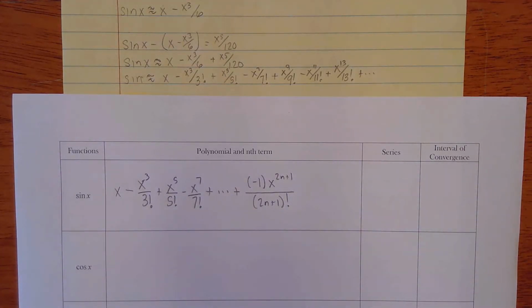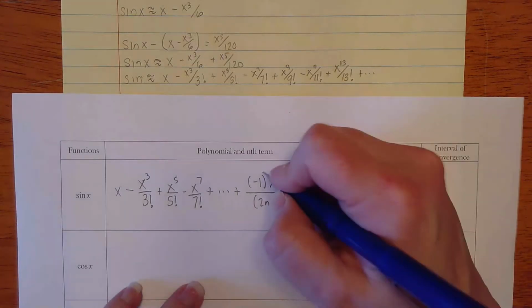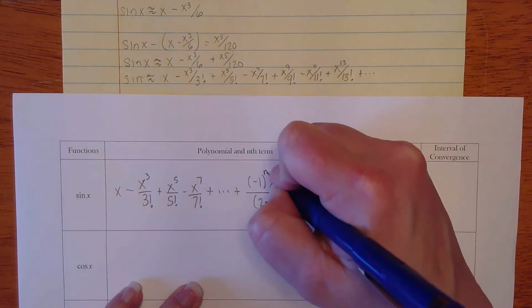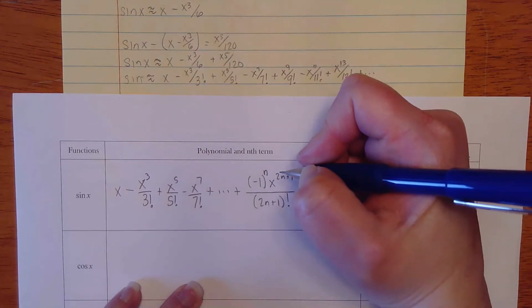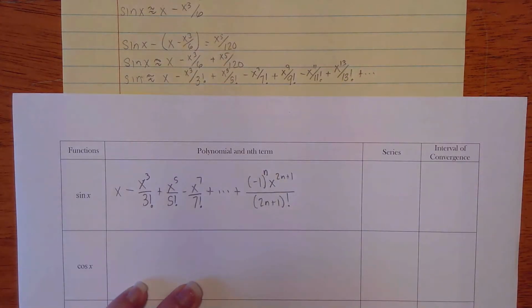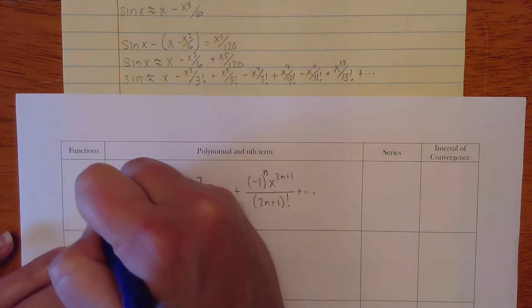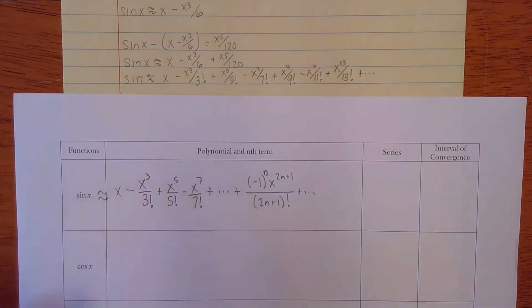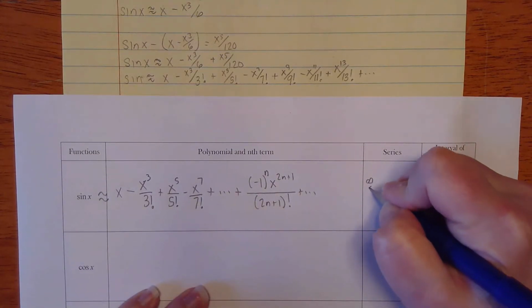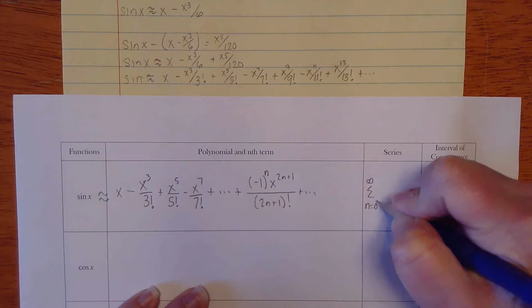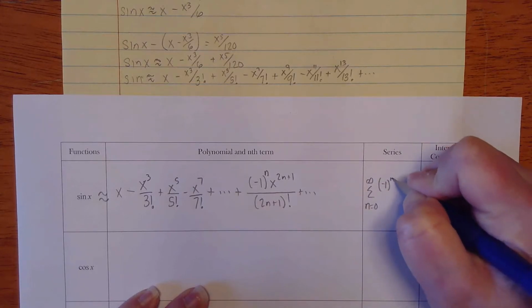Now, if I'm starting at 0, because typically we're going to be starting at 0, this becomes n. Plus dot dot dot. So again, this is an approximation. So sine is approximately this, written as a series. You just write the nth term.